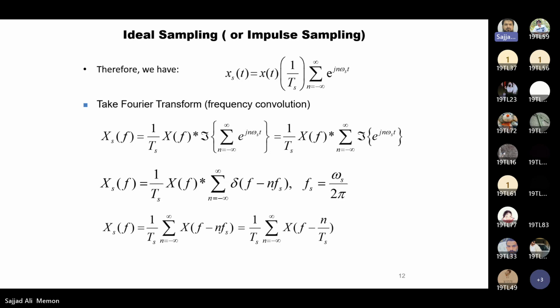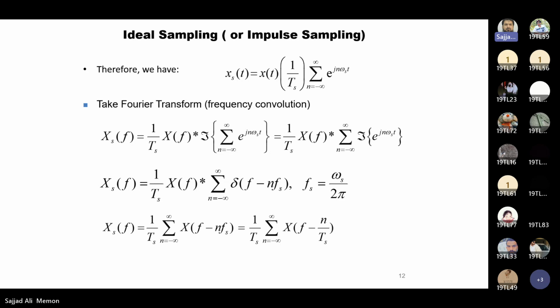and we take its Fourier transform and we solve it, and in the end it says that X_s(f) is equal to 1 over T_s, that is your sampling interval or the sample rate, the sum over n from minus infinity to infinity of X(f minus n over T_s).